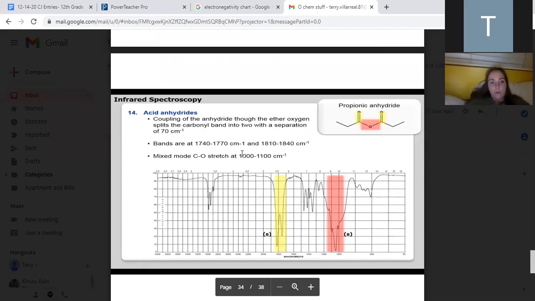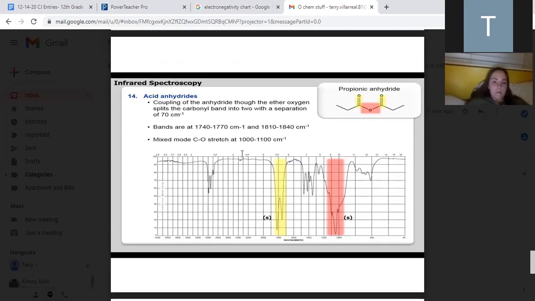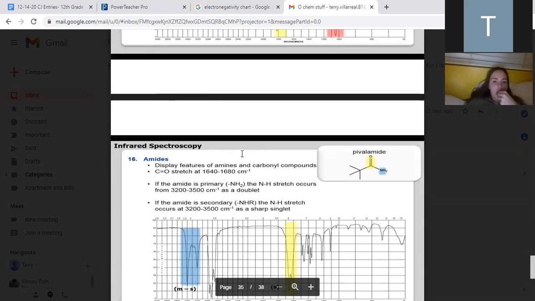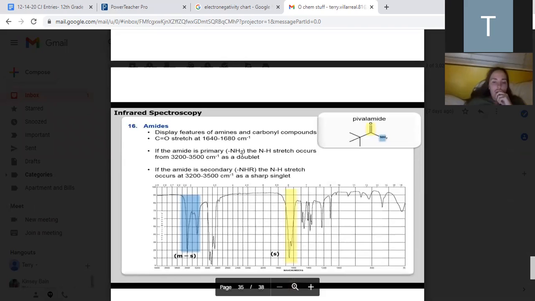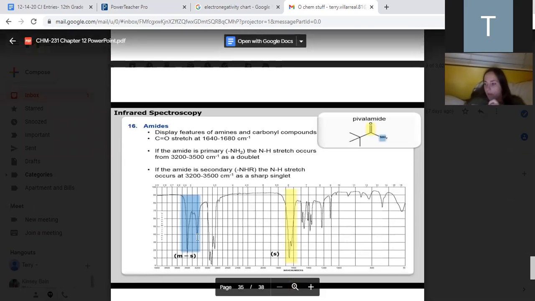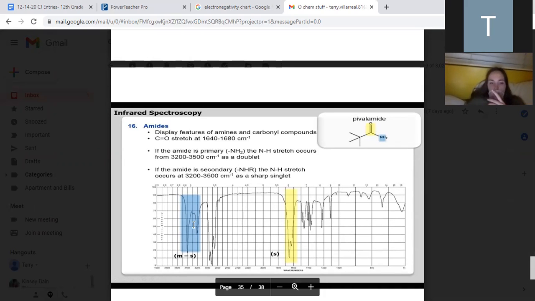Acid anhydride, we see two sharp peaks around 1700. Amide, we see that sharp peak again, but now we're going to see two peaks over here like we saw with the amines, remember?